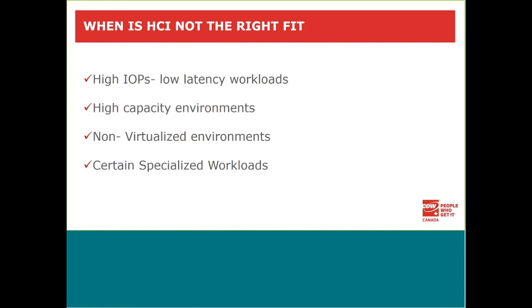But if we're looking for something very, very heavy, hyperconverged is often not the right fit yet. I think there will be advancements in the platforms where we can bridge that gap, but if we're looking at something very high performance, we're still looking at traditional storage arrays, such as 3PAR and Extreme IO and things of that nature.